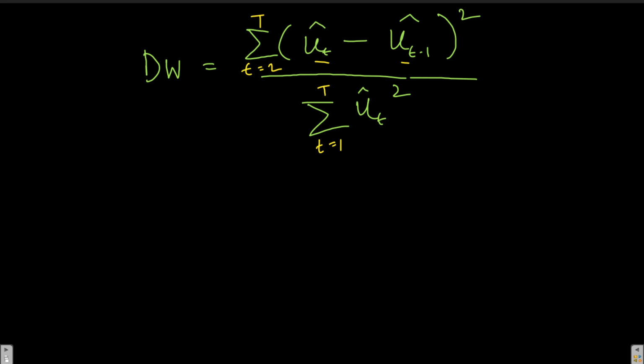So I'm taking the difference of the two error terms corresponding to period 1 and period 2. Whereas in the denominator, I take the terms from the very first period, so I start from t equal to 1 to T. So you see that there is one term less in the numerator.